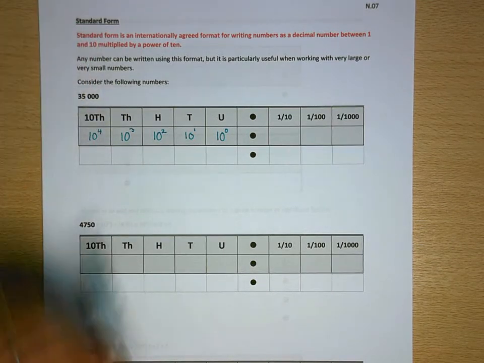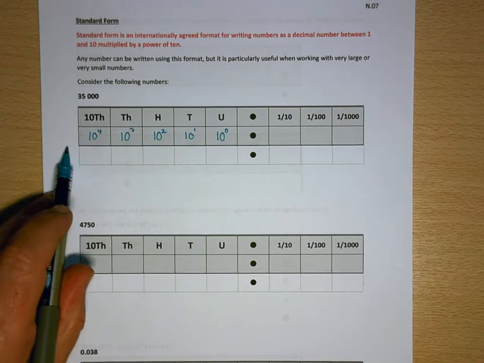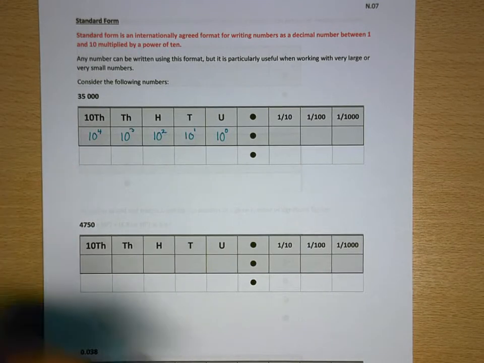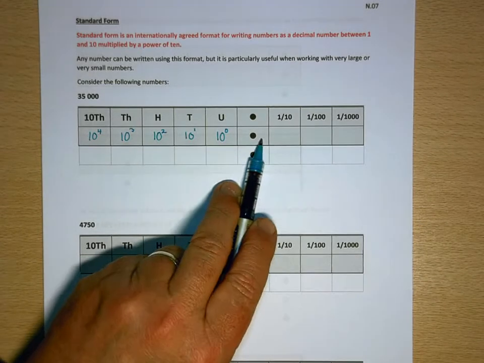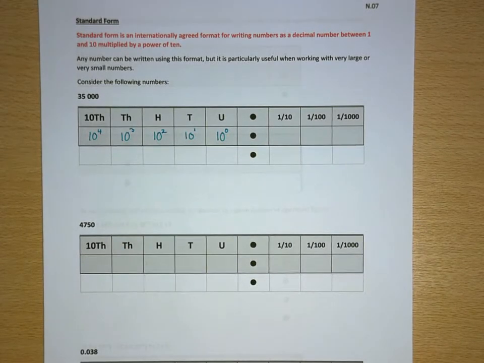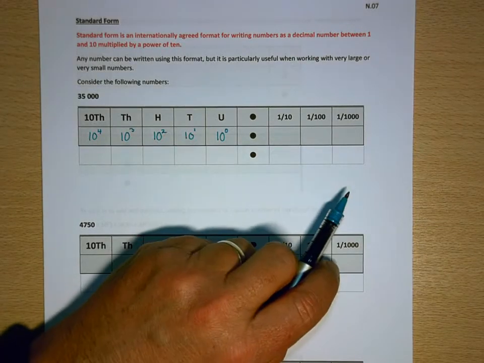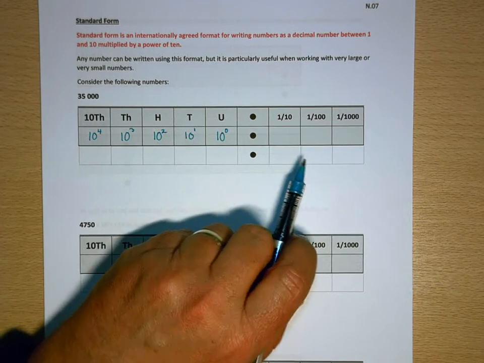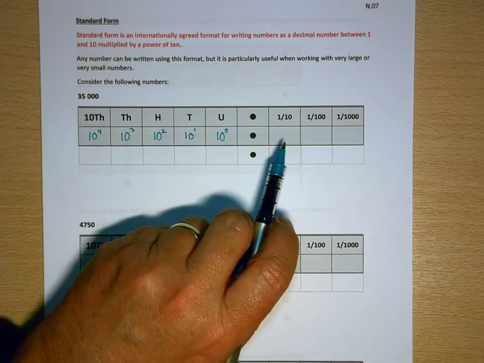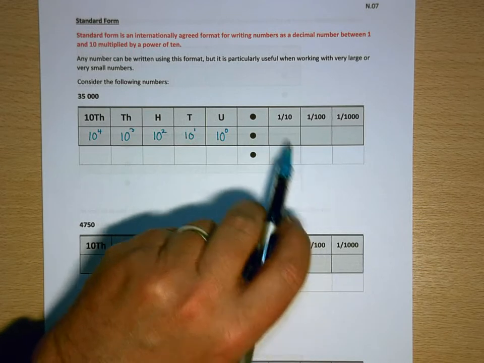So 10,000 would be 10 to the 4, 100,000 10 to the 5, a million 10 to the 6, and so on. And the same thing applies to the right of the decimal point, where we're working with smaller numbers. Well, 1 over 10 to the 1, if you remember yesterday we were talking about reciprocals, and sorry, there's a tractor going up the road.